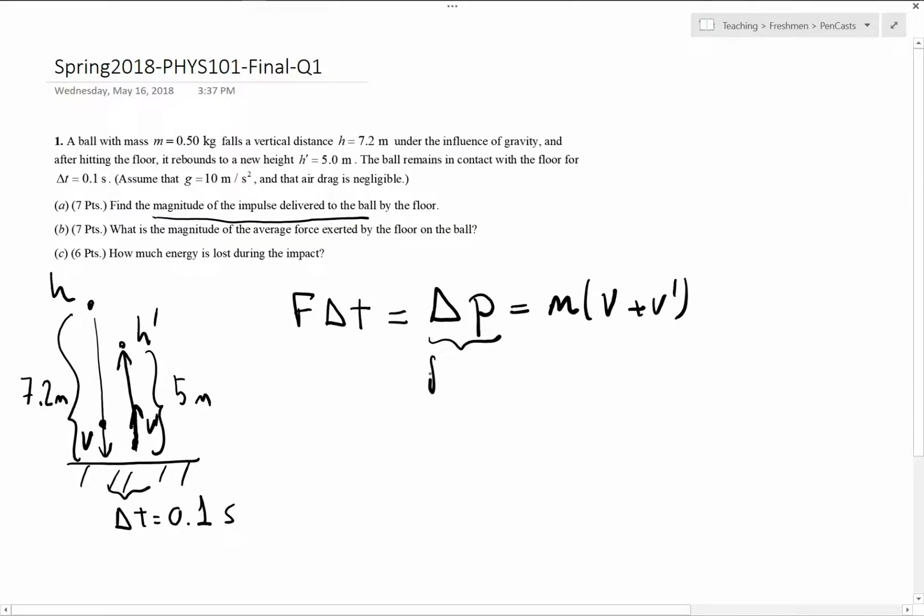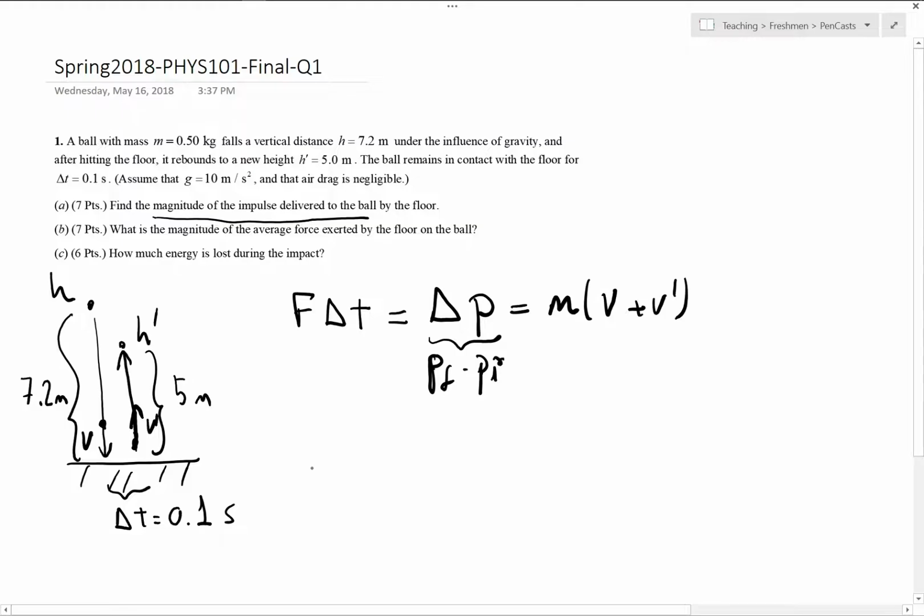This is going to be p final minus p initial, but initial and final velocities after this collision with the floor are in opposite directions, so I need to find the velocity just before the ball hits and just after it's reflected, and I have to basically add them up.